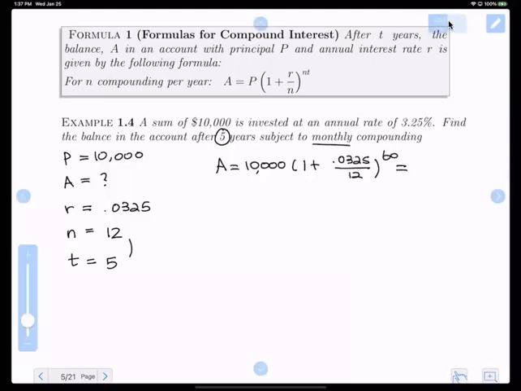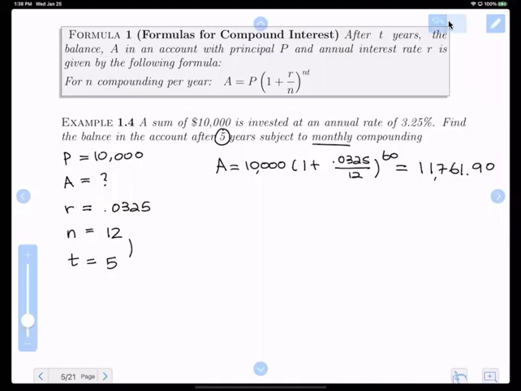Let's get the number. It's 11,761.90. This would be the balance after 5 years.